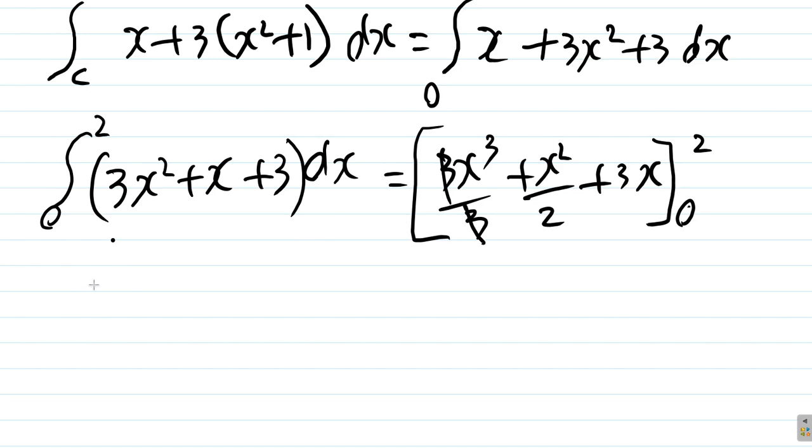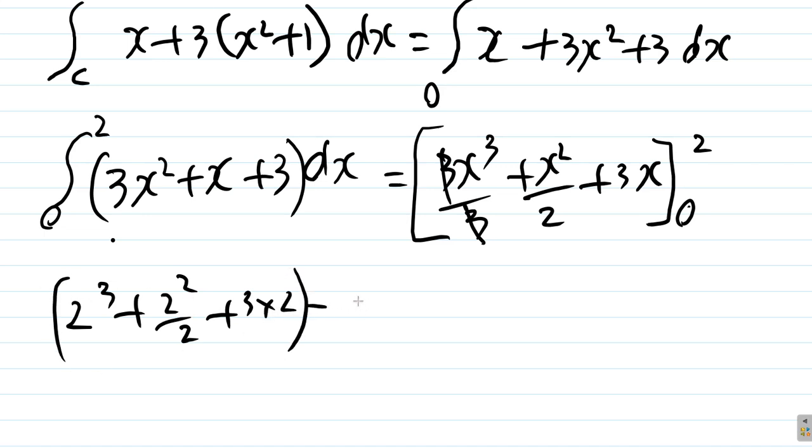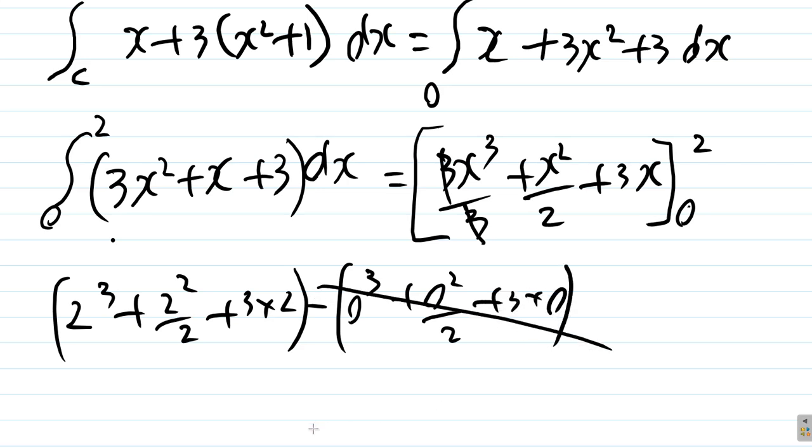You put in the upper boundary. That's 2 cubed plus 2 squared over 2 plus 3 times 2, minus the lower boundary, which is 0 cubed plus 0 squared over 2 plus 3 times 0. All of this will come to naught, to be 0.